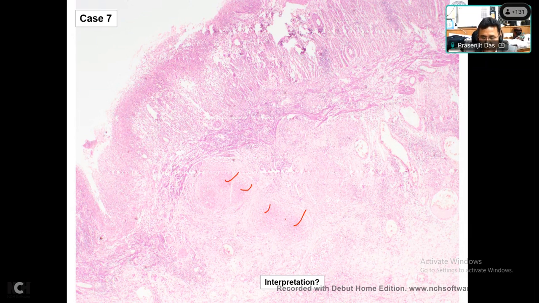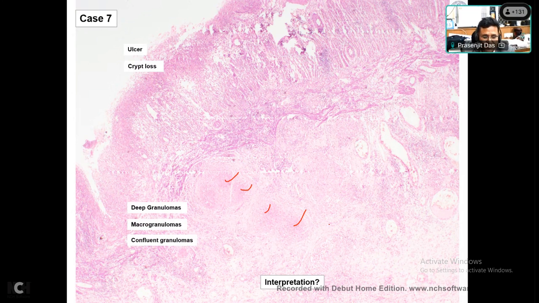So if you see confluence and multiple number, what will you think? Crohn's? Tuberculosis. So we said if you see a greater number of granulomas, a deeper site of granulomas, or the granulomas are confluent and large in size, then the chance of tuberculosis is high. So you have to think of tuberculosis.